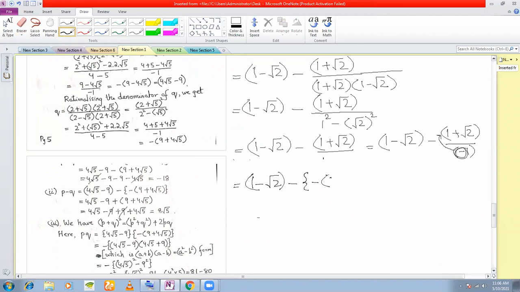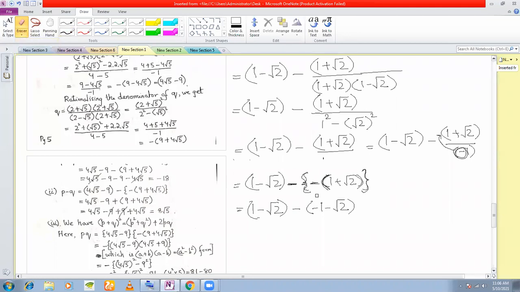So we write this as 1 plus root 2. But you see there are two negative signs here. One negative sign is outside this curly bracket, right? And one negative sign is inside this first bracket, right? So we first open the first bracket. So 1 minus root 2, 1 minus root 2, okay, and minus, you have minus 1 minus root 2. Okay, so we have opened the first bracket.